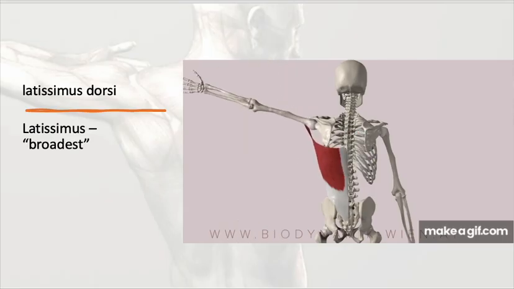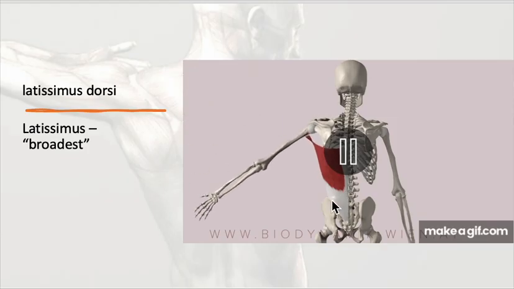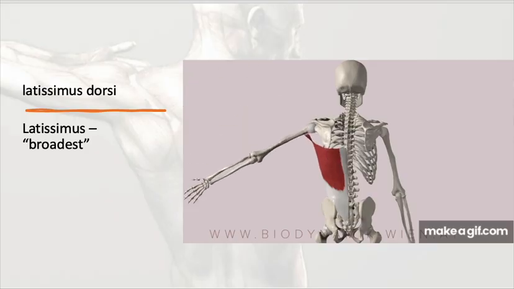It is actually the largest muscle of the upper body and is responsible for very powerful downward and backward strokes of the arm. It originates from the back, we can see here, and then it wraps around the front to under the armpit to the front of the humerus. This is why it can rotate the arm inward because of this unique attachment point.